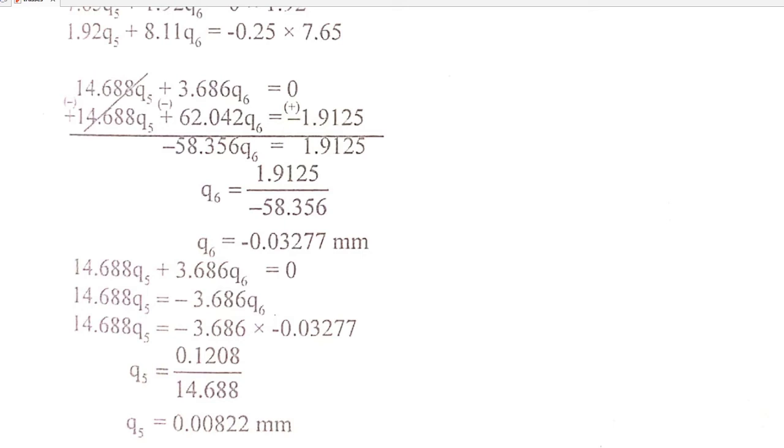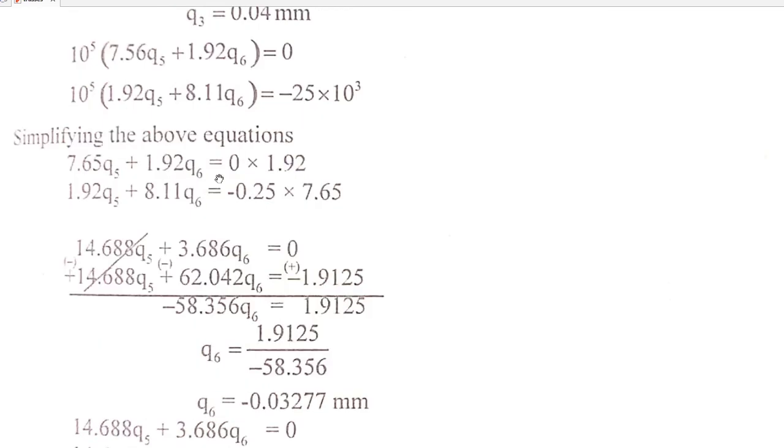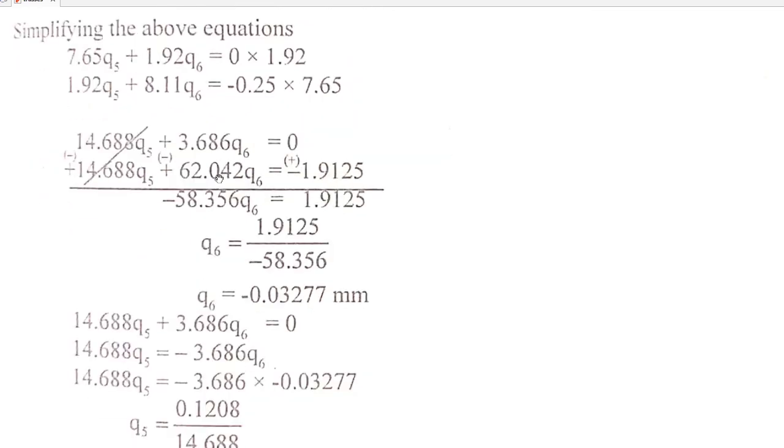All of you got Q5 as 0.008, Q6 as minus 0.032, and Q3 as 0.04.